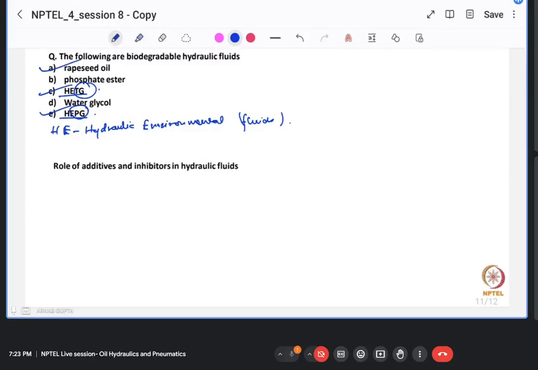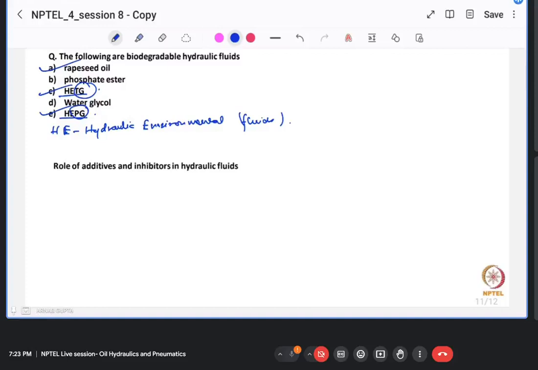Suppose the oil used in some application in India may not be applicable in some European countries where temperatures may fall below the freezing point. There you need to use an oil that can retain its viscosity without getting frozen, particularly in mobile hydraulic systems like cranes. So these are some things that should be kept in mind.